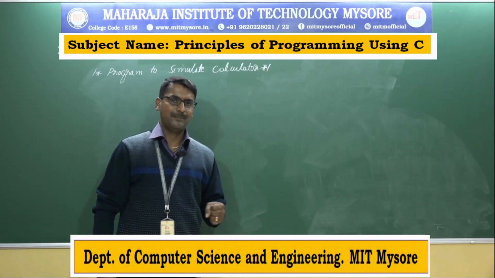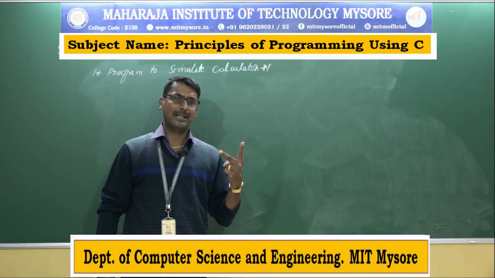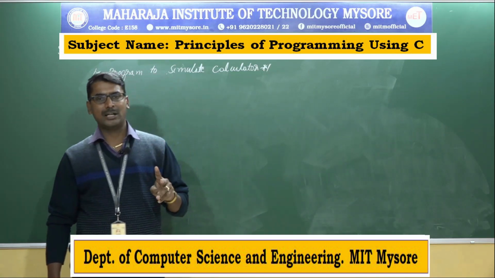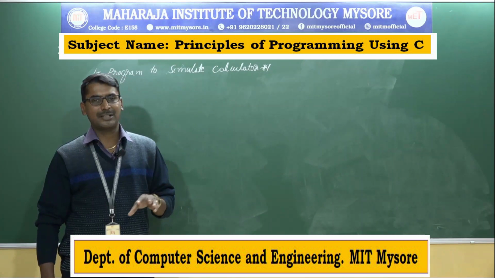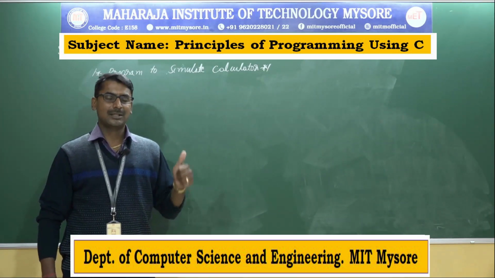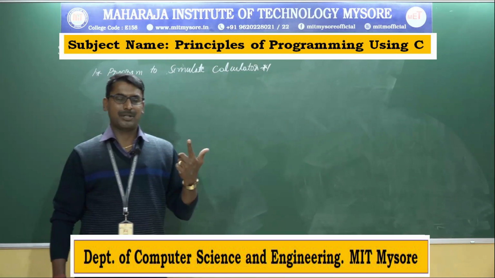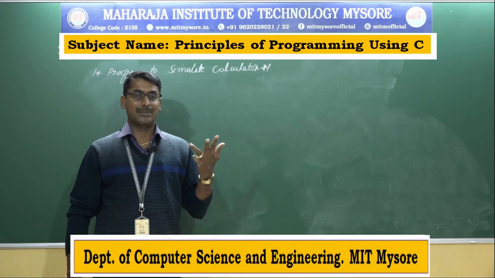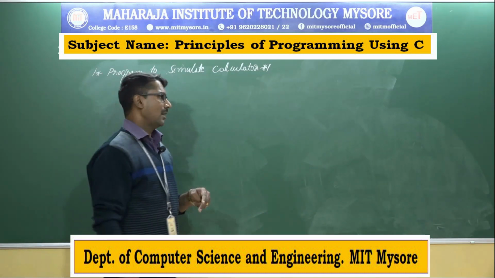So for this program, there are 2 input values, the value of A and the value of B, and one more input, the type of operation: addition, subtraction, multiplication, division or modulus.